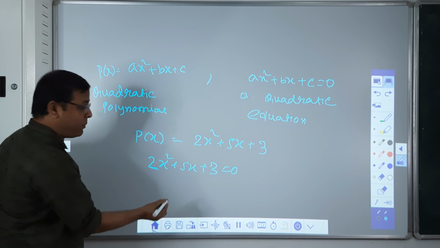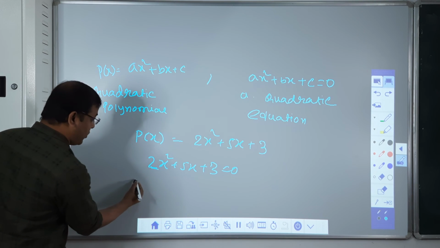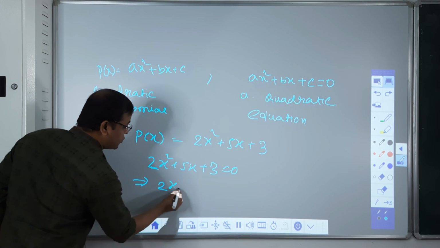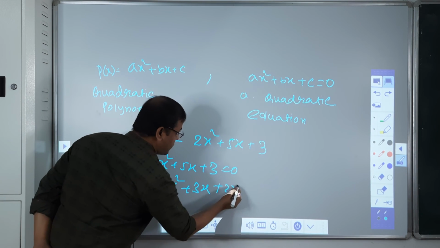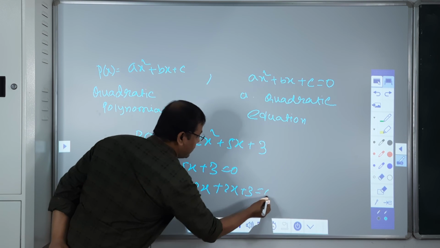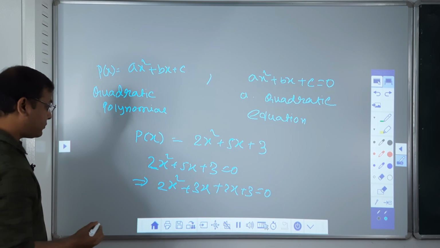How to solve this problem? Obviously by middle term factorization. So this is 2x square plus 3x plus 2x plus 3 is equal to 0.